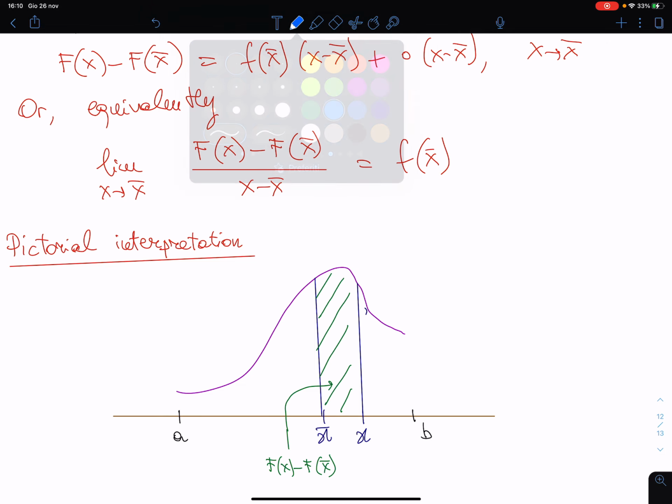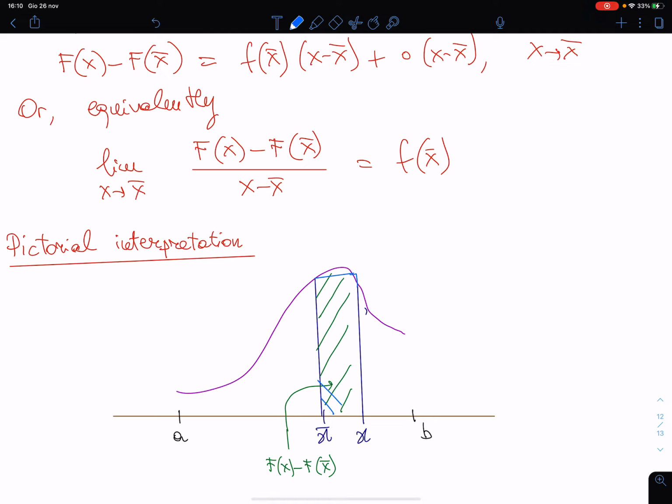Let's consider this new color here. This is F of X bar, and this interval here is X minus X bar.